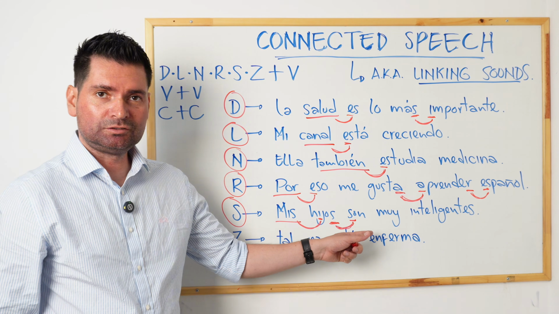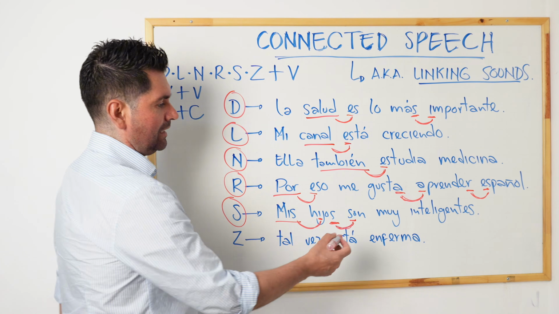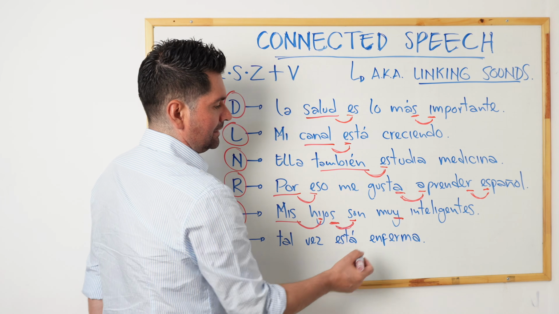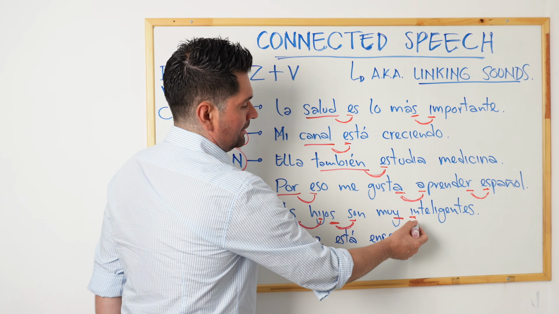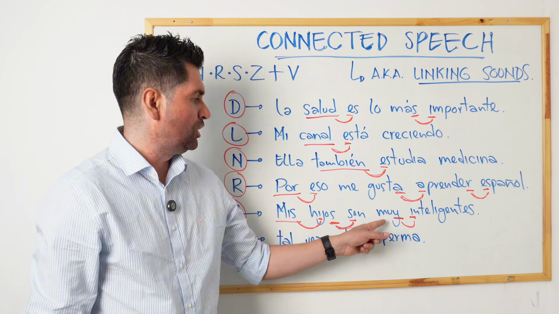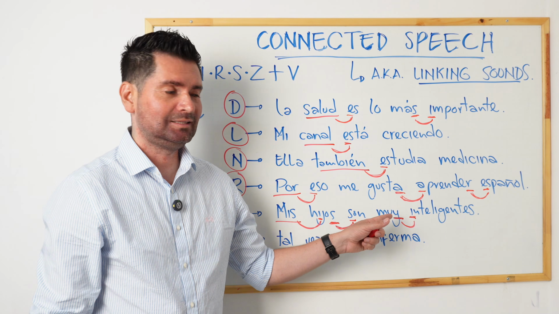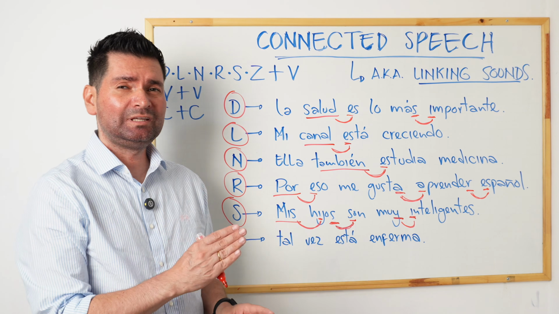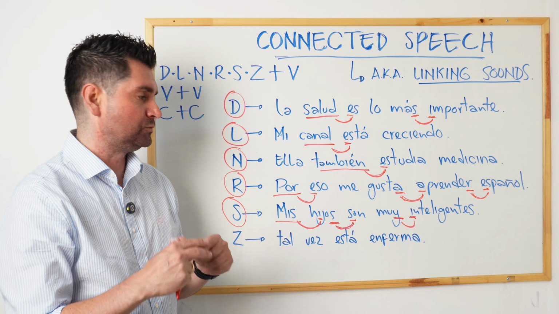Mis hijos son. And then we have the Y that here sounds like a vowel. And then we have the I, so they are going to connect. Muy inteligentes. No, we connect those I sounds.